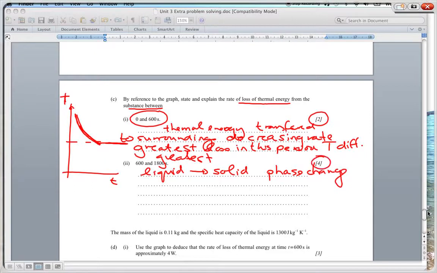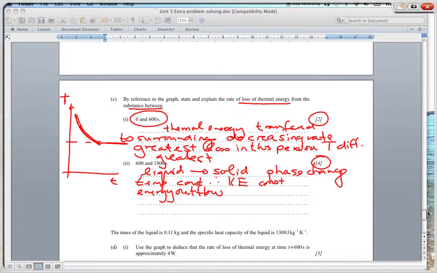There's 4 marks here, so you've really got to give quite a lot of detail. There's a phase change. The temperature is constant, therefore your kinetic energy is constant, but your energy outflow comes from that change.